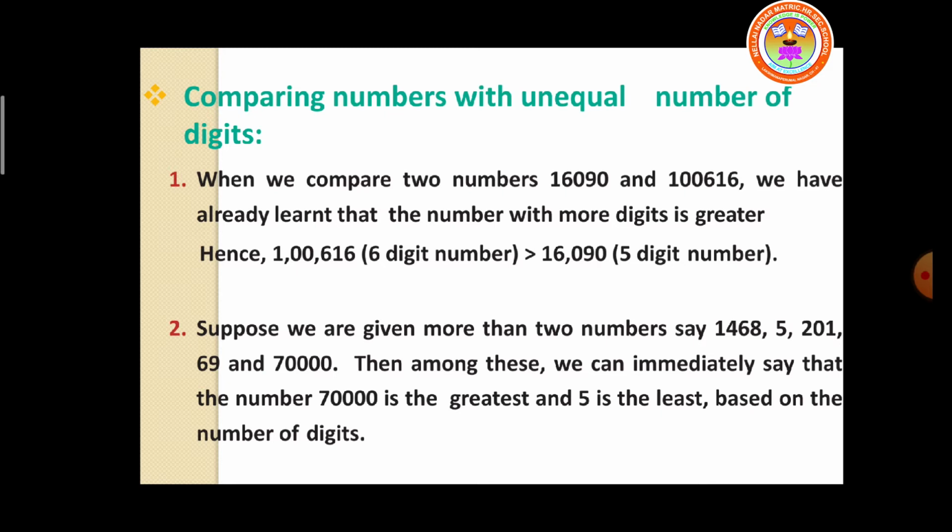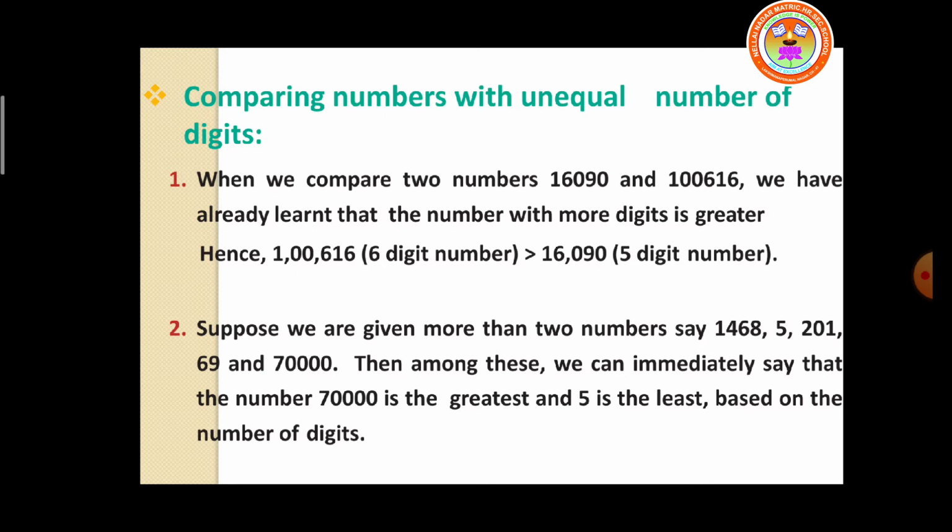So if both sides have the same number of digits, you can say it is an equal number of digits. So you can compare the numbers, then you can say that the respective number is greater than or less than or equal to another number.